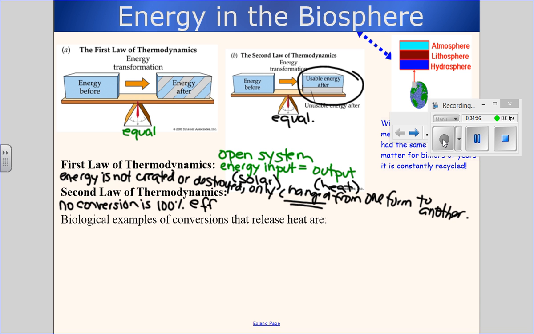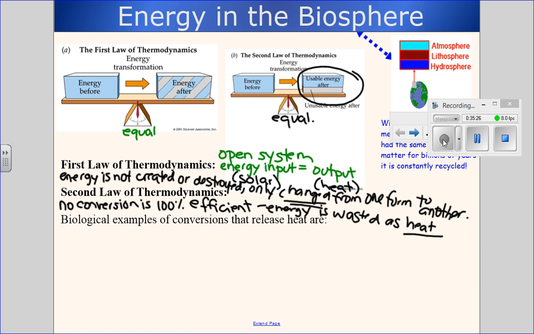So if you remember at any point learning about efficiency, this is the topic we're on. Anytime we take energy and convert it from one form to another, we are generally going to get some energy that is usable, that's the kind that we're looking for, and some energy will be wasted almost always as heat.